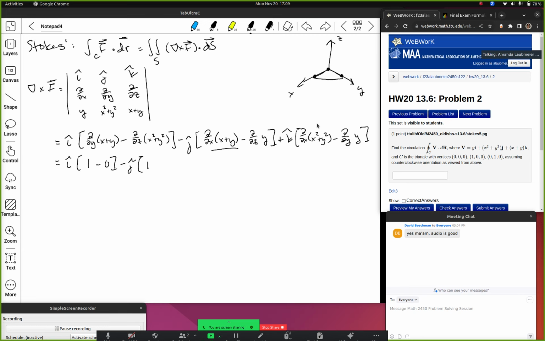And then the derivative with respect to z of y right here is going to be 0. And then the derivative with respect to x of x squared plus y squared is going to give me 2x. And the derivative with respect to y of y is 1. So my del cross F is just going to be 1 minus 1, 2x minus 1.